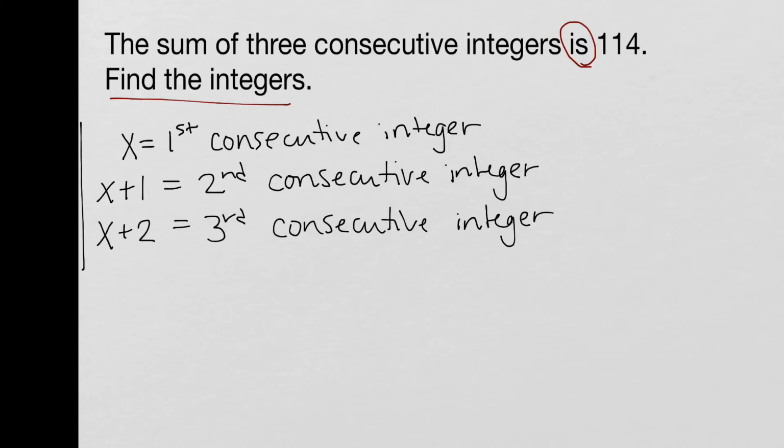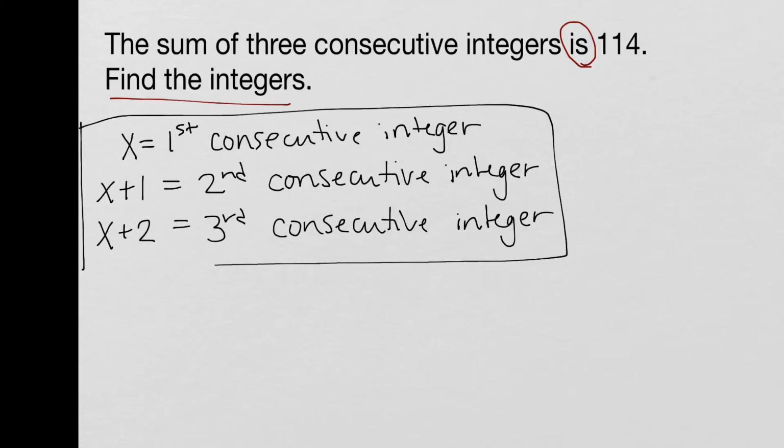And this is our key that we'll use to set up our equation. It tells us that we're looking for the sum, which means add these 3 consecutive integers. So we'll take these 3 consecutive integers and add them up. The sum is, that means equals, 114. Now we'll simplify the left-hand side, and then we will begin to solve.